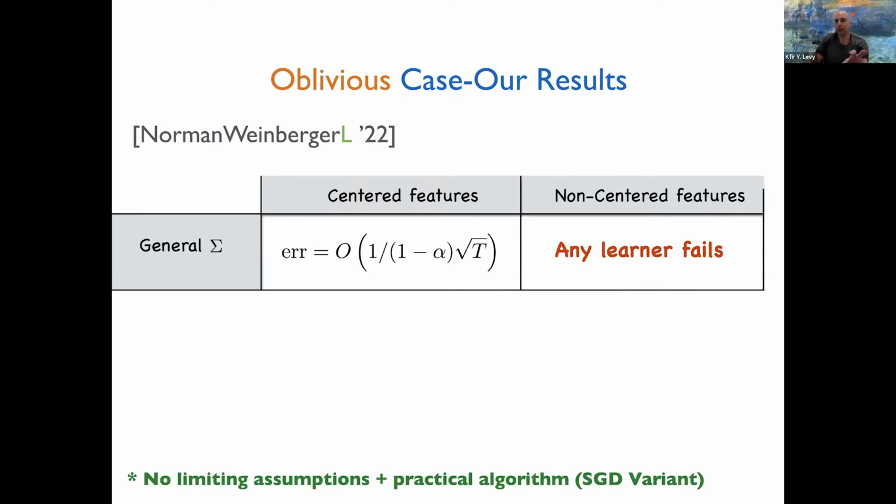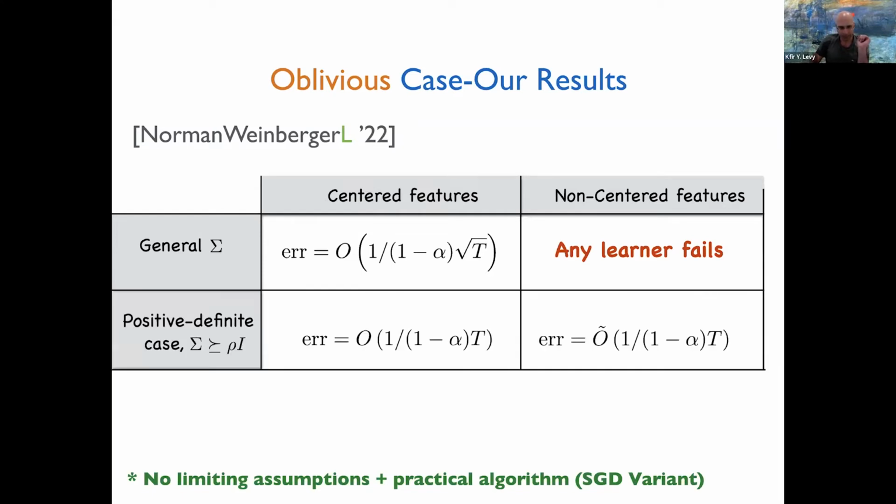On the other hand, we show that if the features are non-centered, then we don't have a learning algorithm that is able to provide non-trivial results for this case. The second case that we discuss is when the covariance matrix is positive definite.